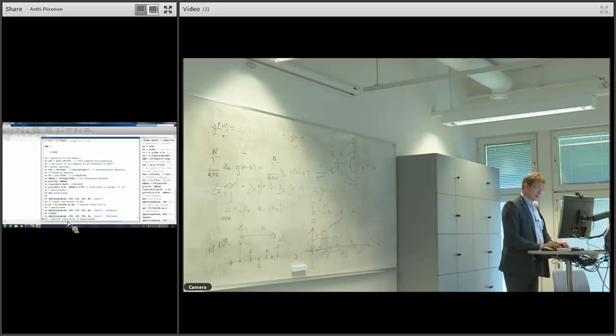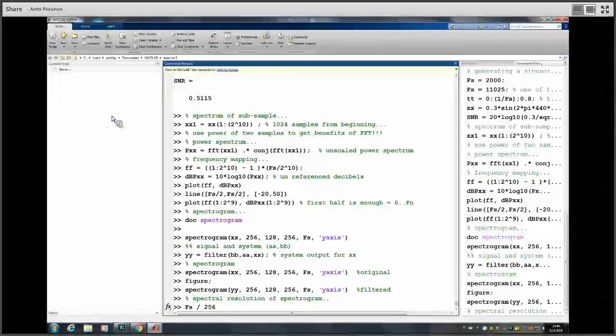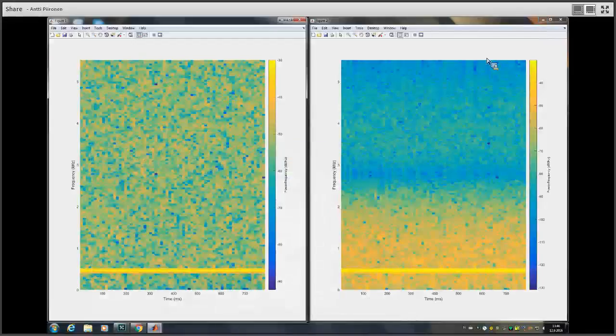We used the sampling rate, Fs divided by 256. So this is the same as the sampling rate divided by the number in the FFT. So we have 43 Hertz resolution. Then everything starts to make perfect sense.